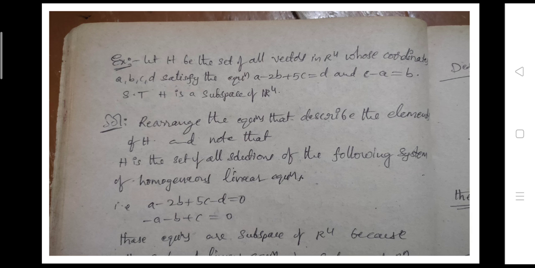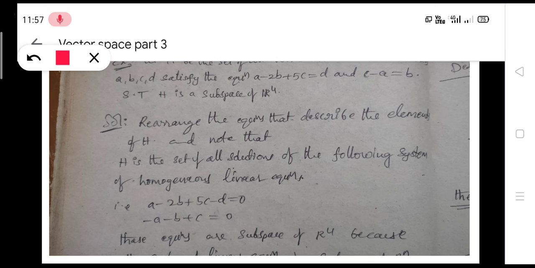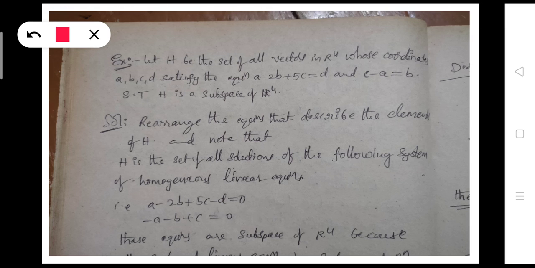Let H be the set of all vectors in R4 whose coordinates a, b, c, d satisfy the equations a minus 2b plus 5c is equal to d, and c minus a is equal to b. Show that H is a subspace of R4.